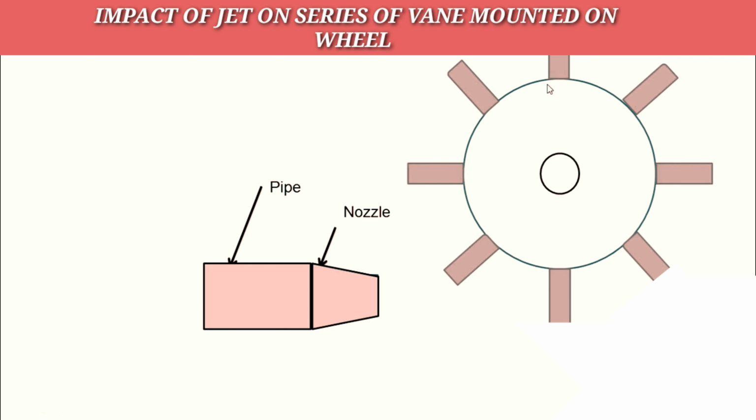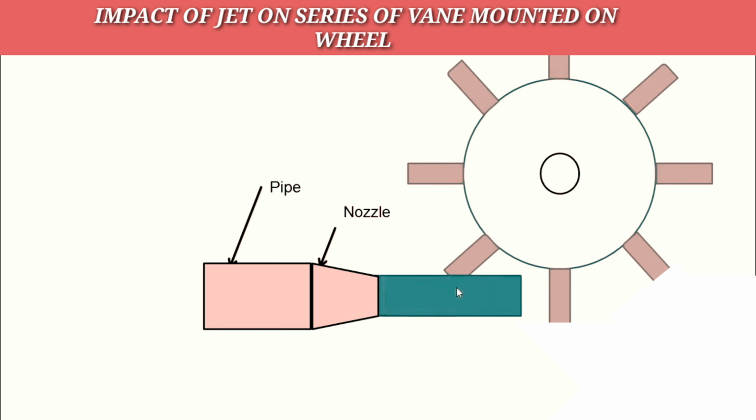So at the center, there is a wheel to which the number of vanes or plates are connected to the periphery or circumference of the wheel. So to this wheel, number of flat plates or vertical plates are mounted. The number of plates depends upon the requirement.